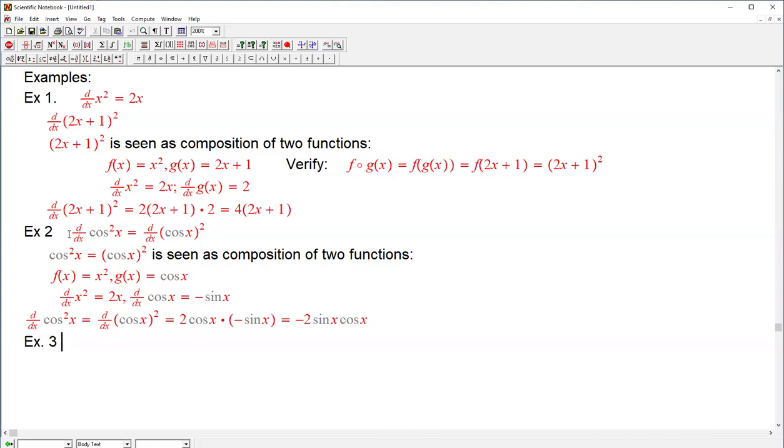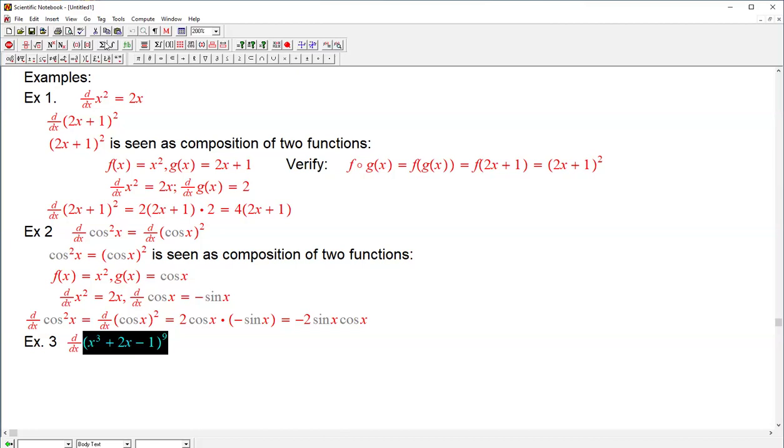Suppose I want to differentiate this piece: (x to the power 3 plus 2x minus 1) to the power of 9. How do I differentiate this function?